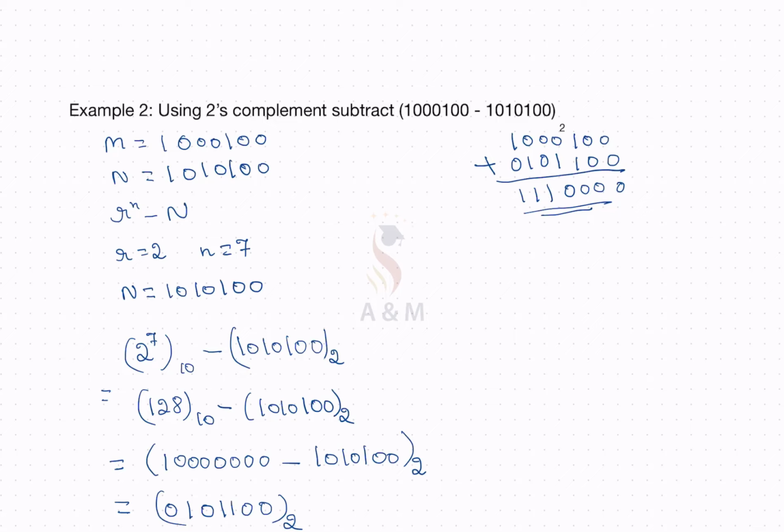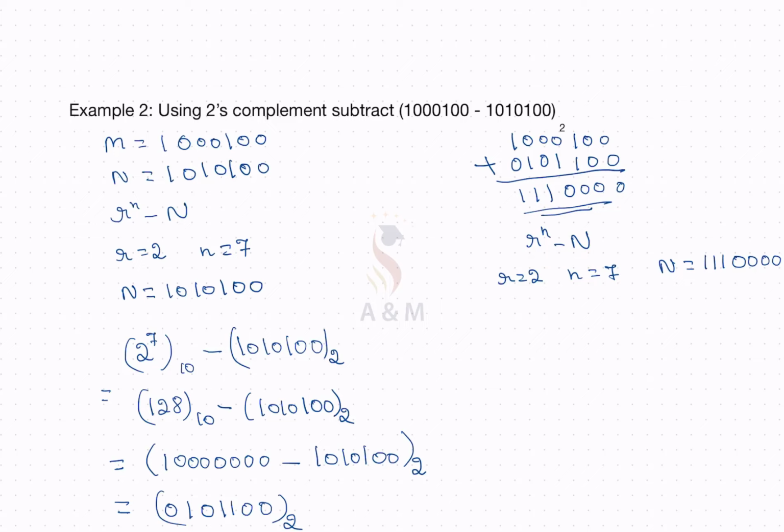The 2's complement formula is r to the power n minus N. Here r is equal to 2, n is equal to 7 and N is equal to the result obtained in step 1, that is 1110000.